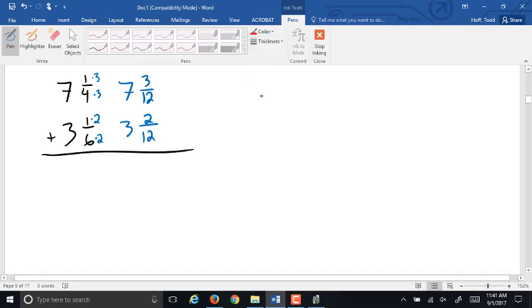You can see that fraction is sitting at the end of the number, almost like it's the last digit of the number. And in fact, that's what it really is, the last digit of the number. And we're going to treat it exactly like that. Like we would with whole numbers, we're going to start on the right and work our way backwards to the left. So we're going to combine the fractions first. 3/12 and 2/12 is 5/12. 7 and 3, 10.